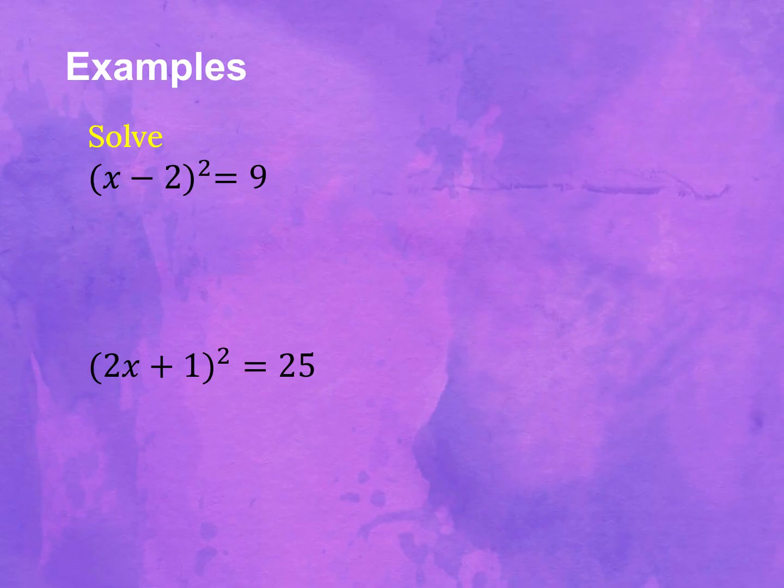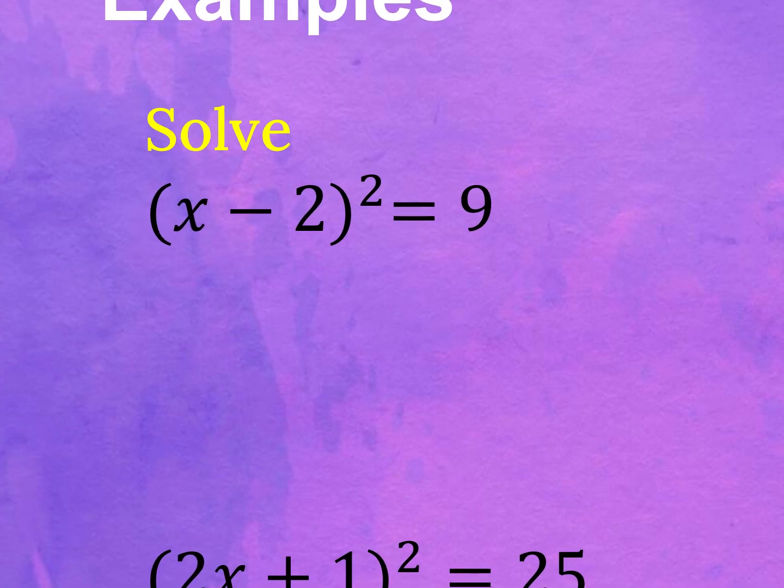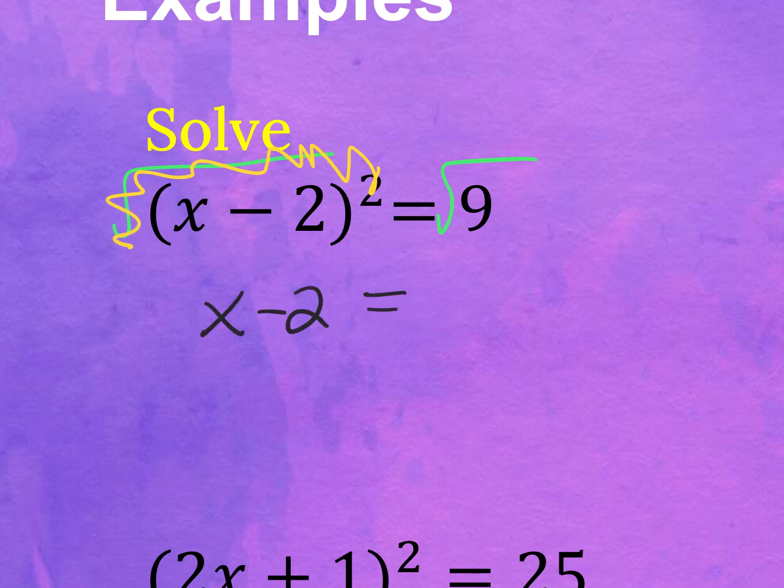This one, remember when you're using the square root method, you need to isolate the square term. It's isolated. So now all I have to do is square root this side and this side. When you square root a square, it cancels it. So then now you're left with x minus 2, and then the square root of 9 is positive and negative 3.